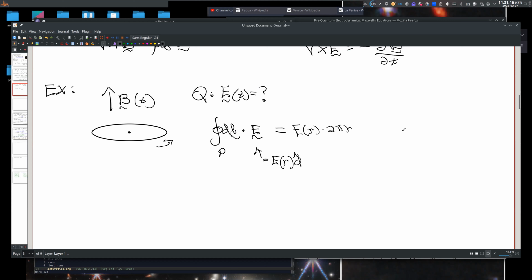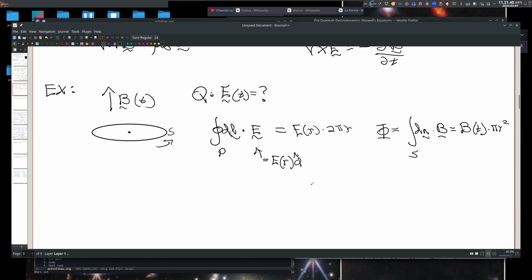And now the flux itself is just going to be the integral over this surface S of B dotted into the normal to this surface. So here, this is just B of t times pi r squared.